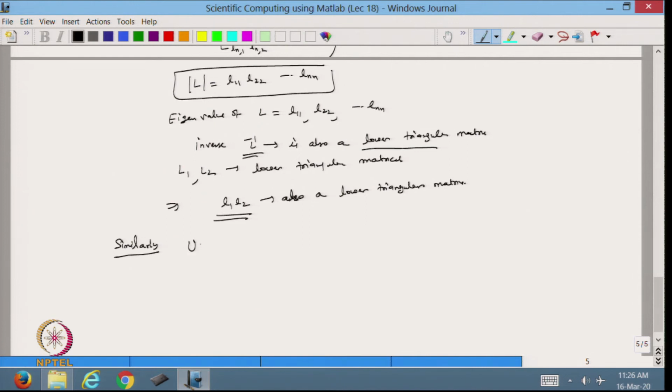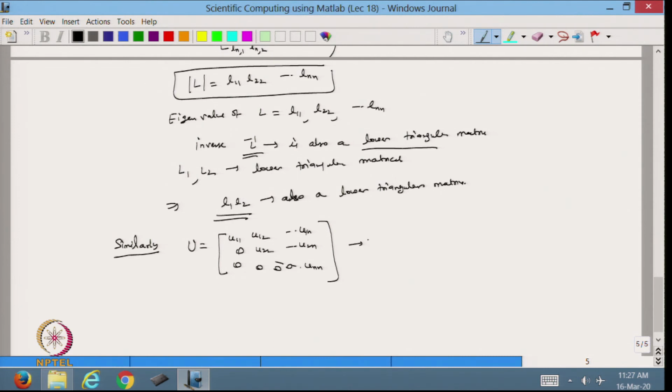if I take U as an upper triangular matrix, U11, U12 up to U1n, then U22 up to U2n, and in the last UNN, and all other values are 0. So, this is the upper triangular matrix.